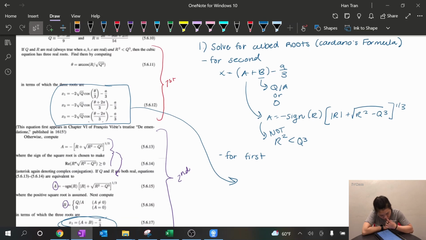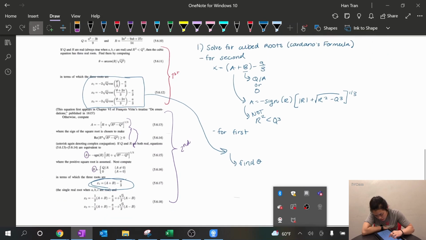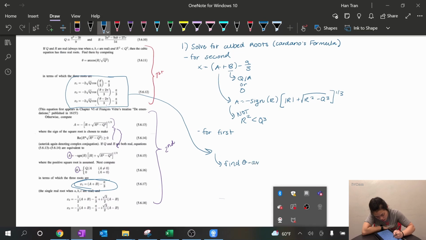In order to do that, we would have to find what theta is. Theta is the inverse cosine of r divided by the square root of q cubed.